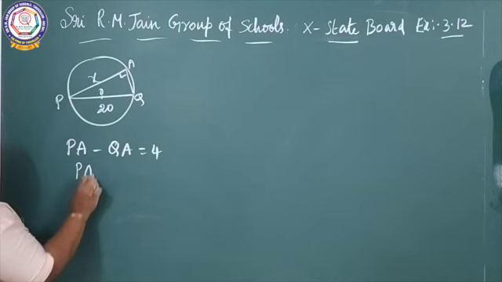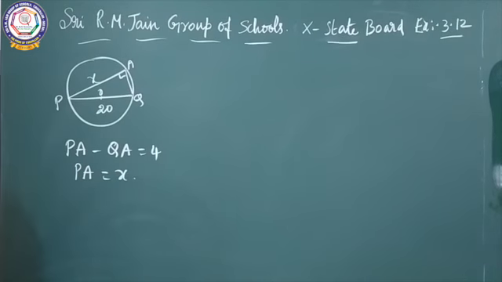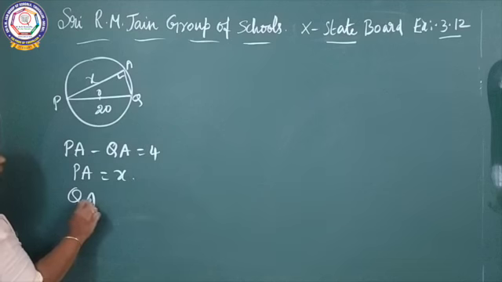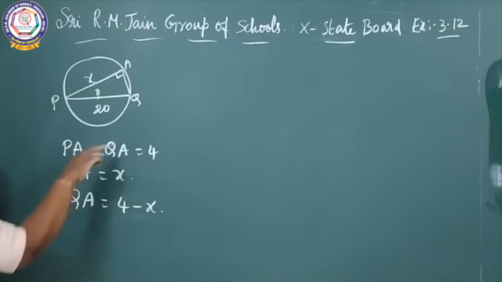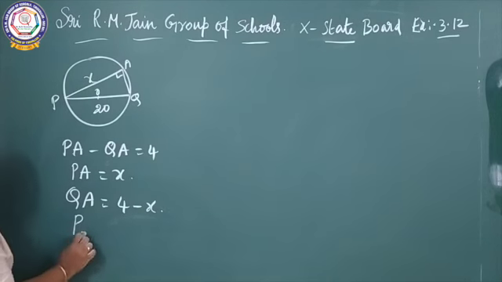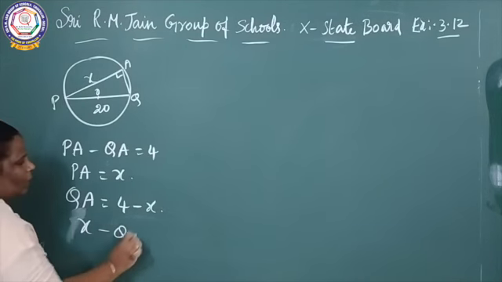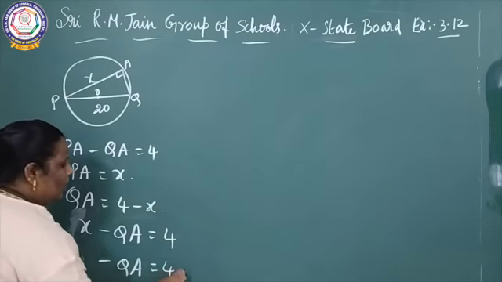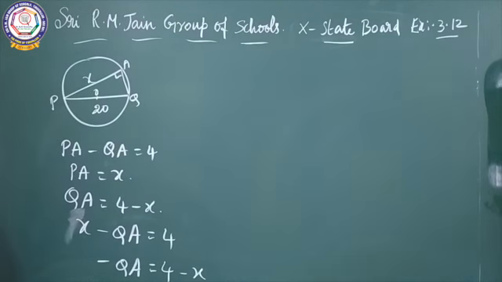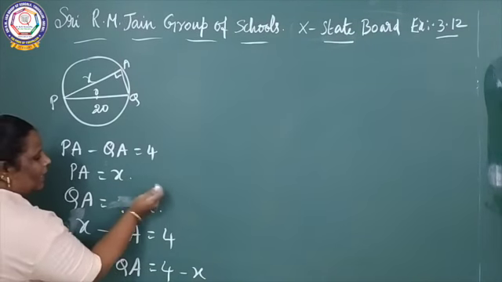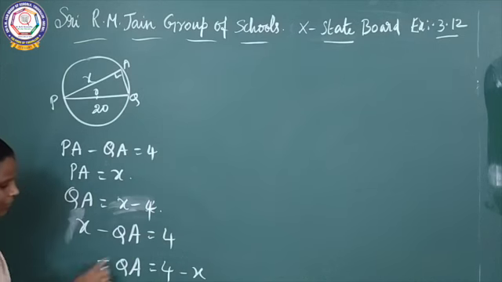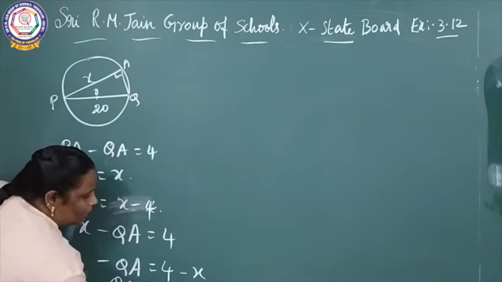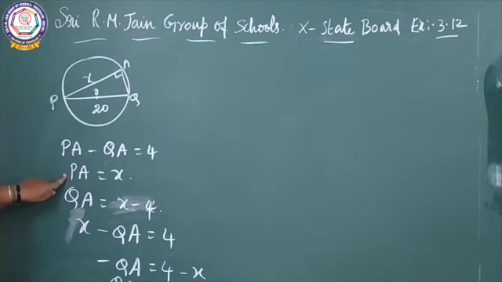PA equal to X, so QA equal to X minus 4. So PA equal to X and QA equal to X minus 4.